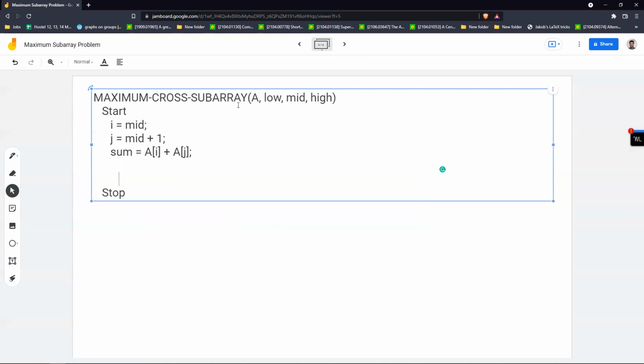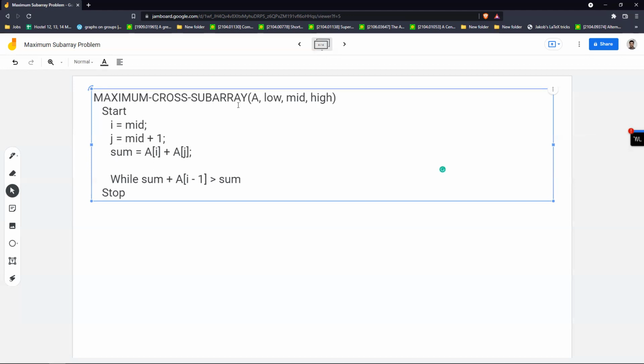So what do we do? Now it's just a while loop. The first thing, let's do it on the left hand side. While sum plus a of i minus 1, if you move one place to the left, gives you a greater value than sum, then I want to move i to the left.